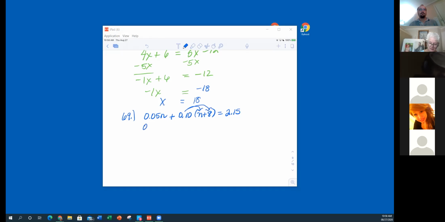So that's going to give me 0.05 n plus 0.10 n plus 0.80. And that 0 here and that 0 here, you don't really need it, but I'm putting it in there just so that everything looks like it's in the hundredths place, equals 2.15. I'm going to combine this guy and this guy, and that's going to give me 0.15 n.